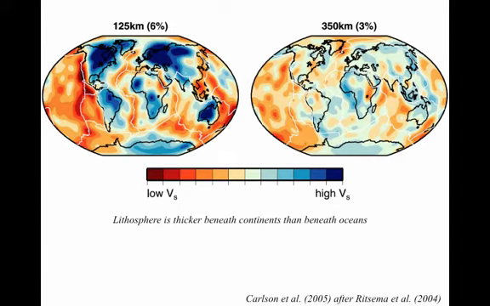At 350 kilometers depth, we see that generally we have lower S-wave velocities, suggesting that that's near the base or below the depth of the lithosphere. So we're reaching the maximum thickness of the lithosphere at that point.